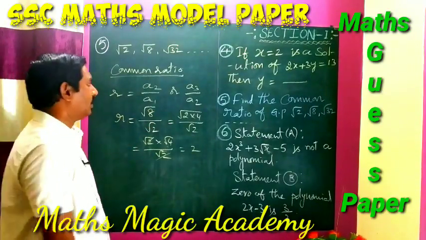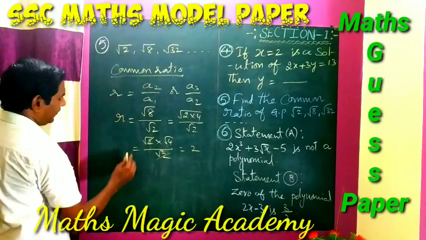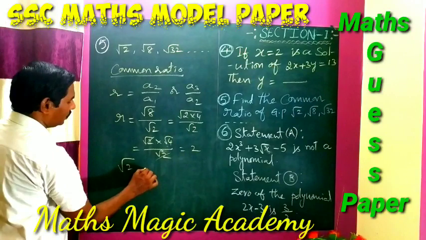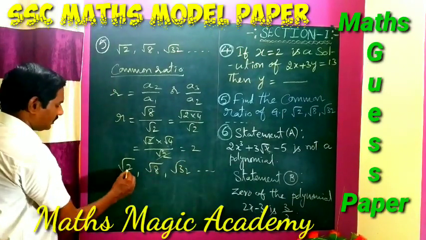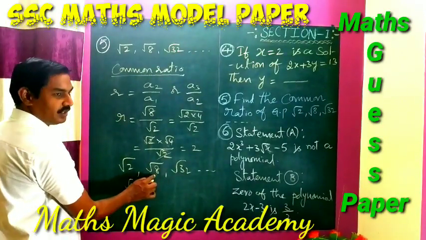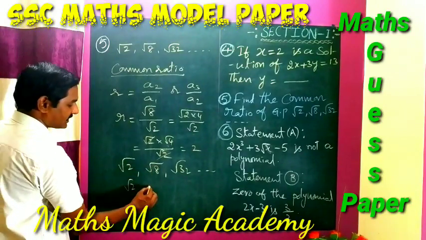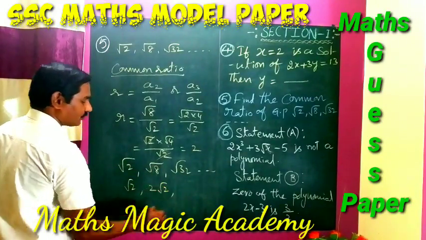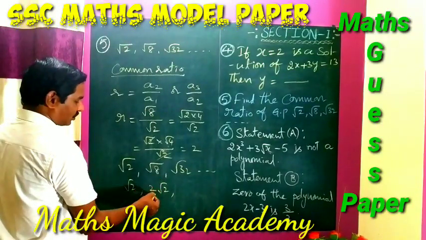Okay, like that we can write the answer, or otherwise we can write this series simply: root 2, root 8, root 32. Here root 2 is there, and here root 8 can be written as root of 2 into 4, so 4 comes out as 2 root 2.